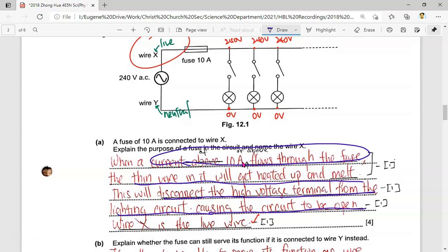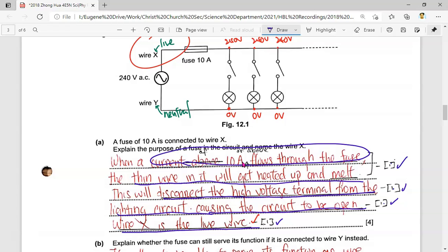The fuse activates and then causes it to melt. That's 1. Second part, disconnect the high voltage terminal from the lighting circuit. That's 2. How does it disconnect? It's causing the circuit to be open. So 1, 2, 3. And the last 1 mark, because it's 4 marks, is saying that the live wire is wire X. So 4 points over here.